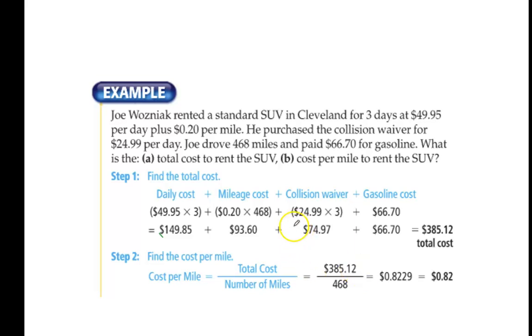Then you divide that by the number of miles. So you're really going to have to look in the problem. So this is 20 cents per mile, and you have to remember the waiver was for 3 days. So where do they find all of these different things? If you have questions, please ask.